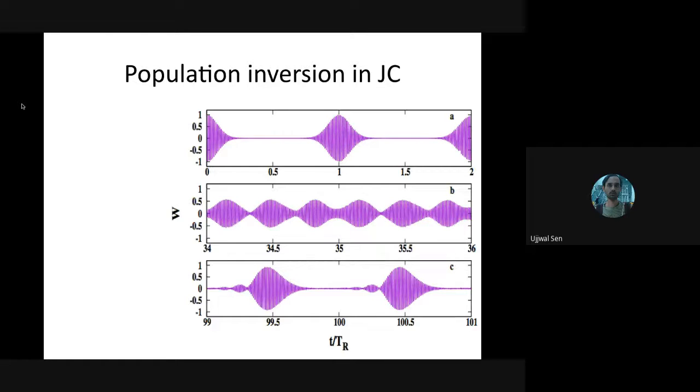The horizontal axis is the time, and the vertical axis is the population inversion. And as you see, there are collapses and revivals in the population inversion. This has been theoretically seen and also experimentally checked.